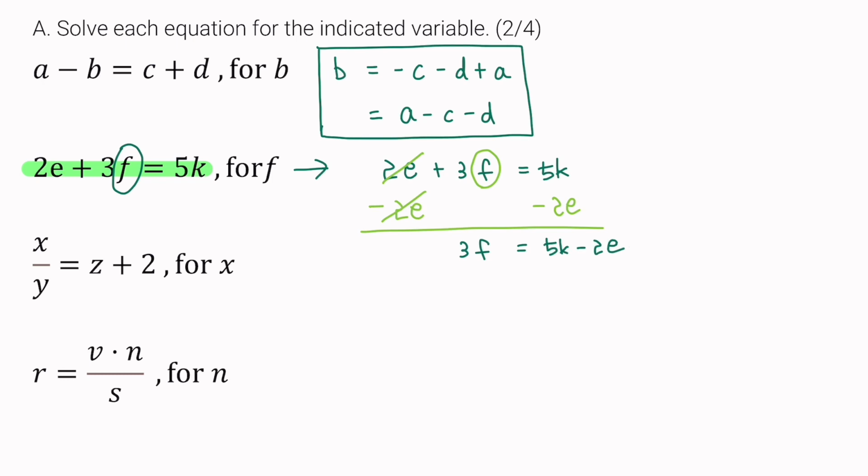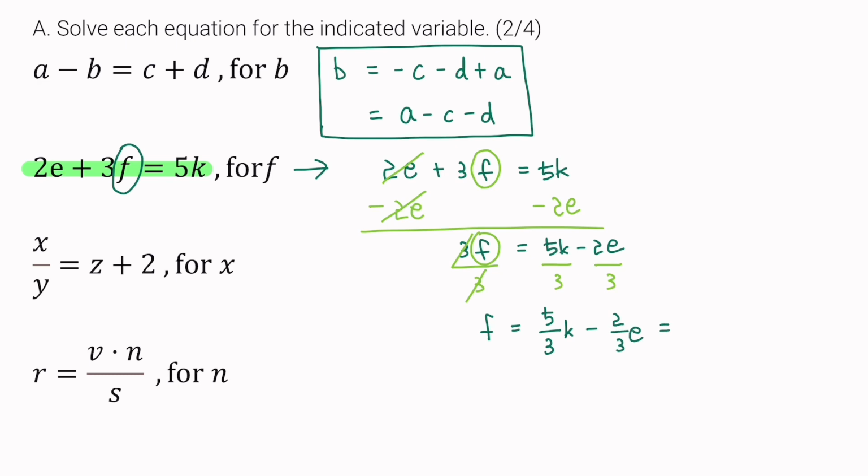Now, I want to further isolate f by getting rid of that coefficient of 3. And I can do that by dividing every variable with 3. And if I do that, I can get rid of that coefficient of 3 in front of f and say f is equal to 5 over 3 k minus 2 over 3 e.